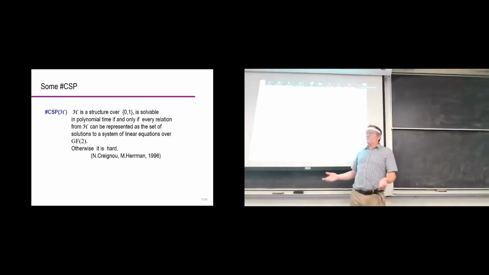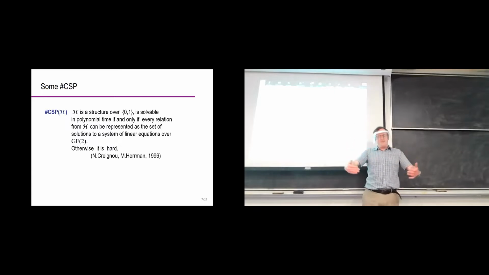Now we have a finite field, two-element or bigger. How do I solve a system of linear equations? I construct a basis. Now, what's the dimensionality of the solution? Say I have some number d for the dimensionality. Then how many solutions do I have?